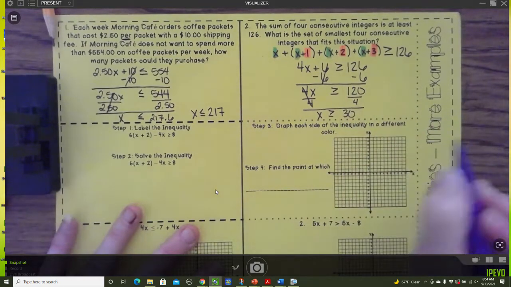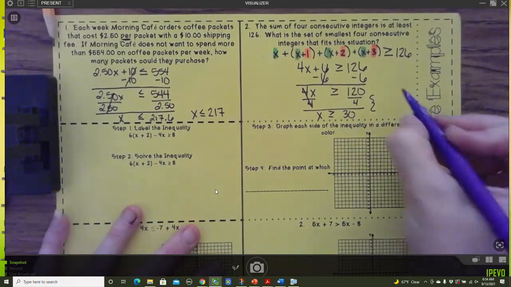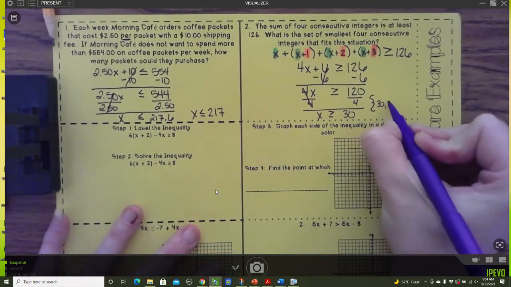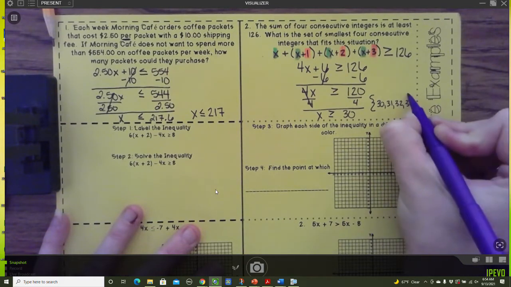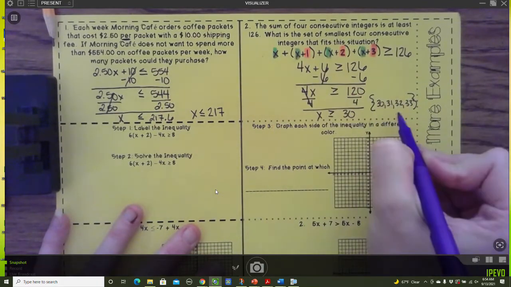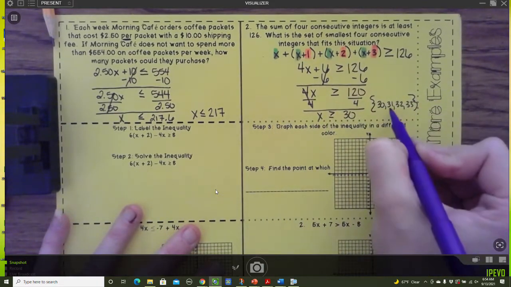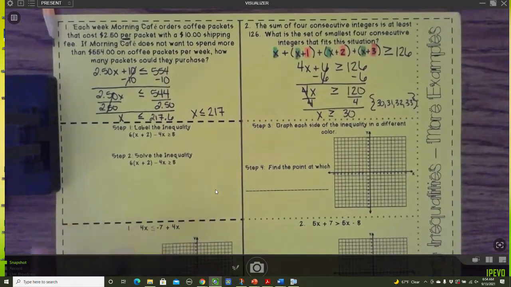So x, my first number, is 30. So my 4 consecutive integers would be 30, 31, 32, 33. They're all in a row. If I plug that x, that 30 in, 30 plus 1 is 31. 30 plus 2 is 32. 30 plus 3 is 33.